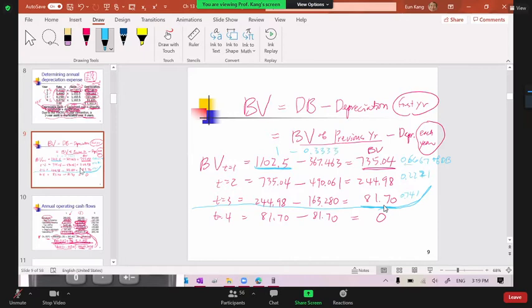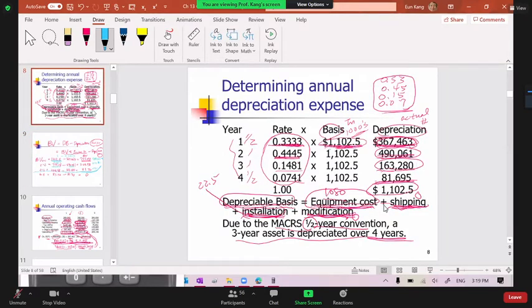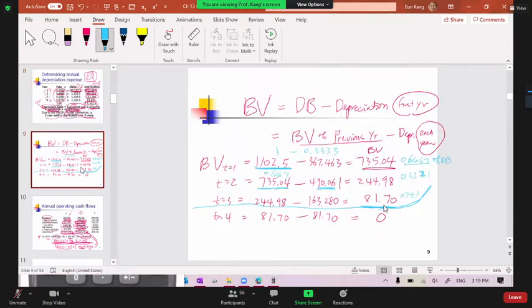Then this one is 0.6667 minus 0.4445 in percentages, right? That is 0.2222. Put 0.2222, more accurate.